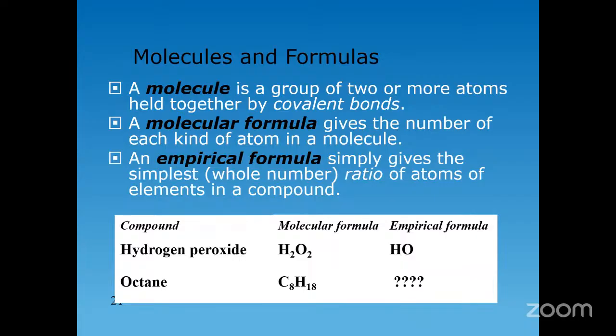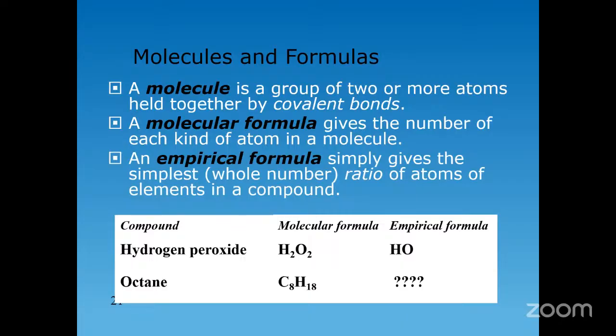The empirical formula gives the simplest ratio of the atoms of each kind present in the compound. For example, in hydrogen peroxide, the molecular formula tells you that in one molecule of this compound there are 2 hydrogen atoms and 2 oxygen atoms. The empirical formula is simply HO because that gives you the ratio between the hydrogen and oxygen atoms.